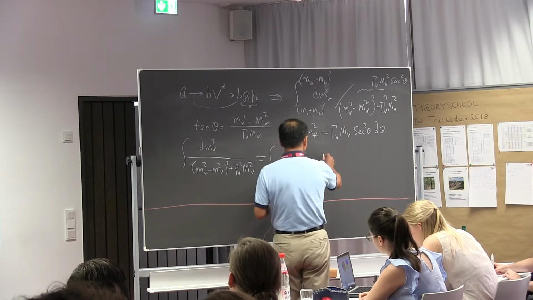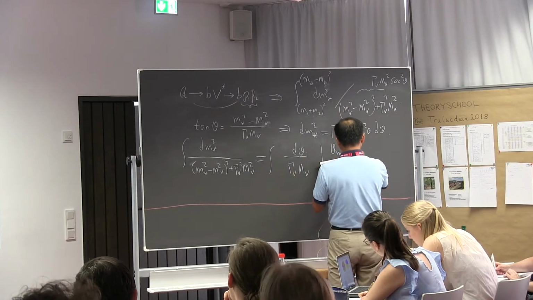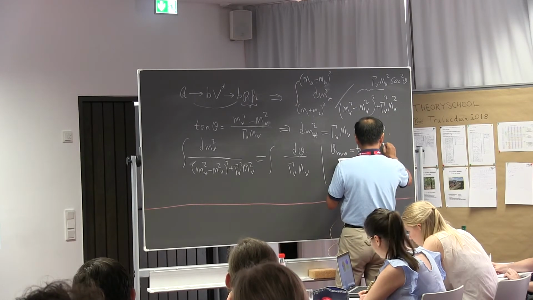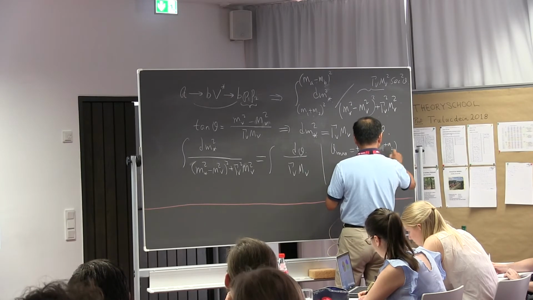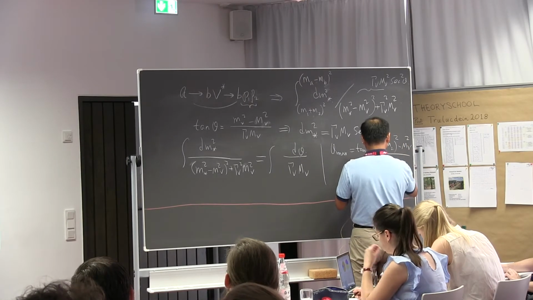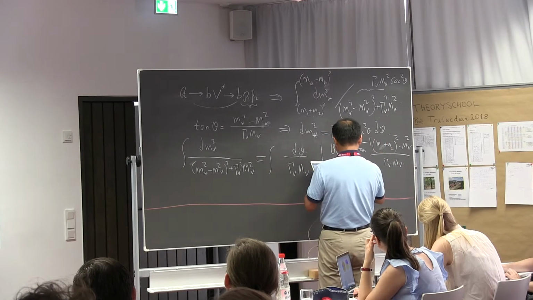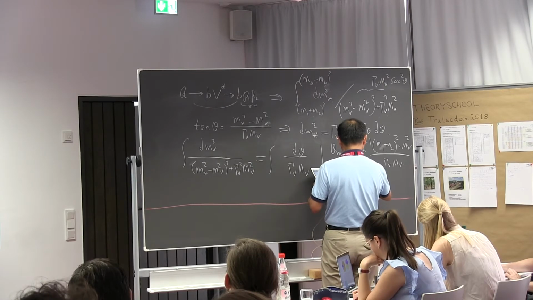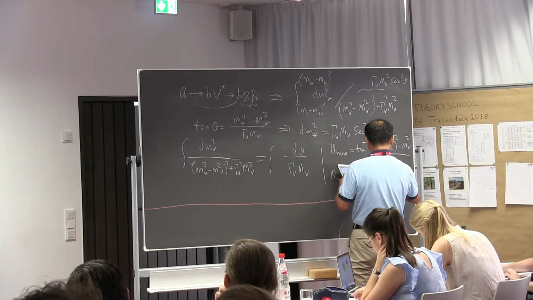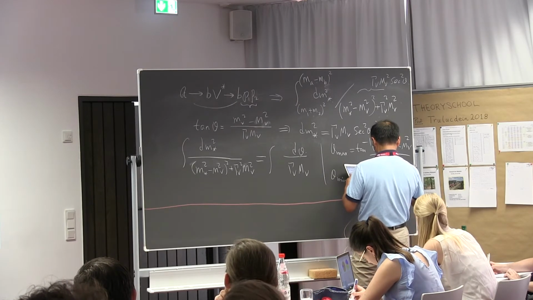So in fact, the maximum minimum gives a theta maximum from that argument, arc tangent of (m1 squared minus intermediate mass squared), and theta minimum is arc tangent of (MA minus MB), all coming from our previous calculation.